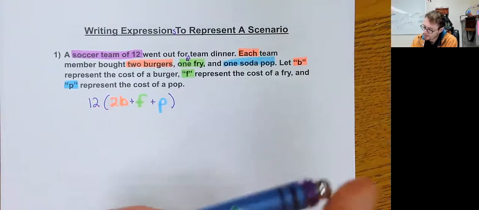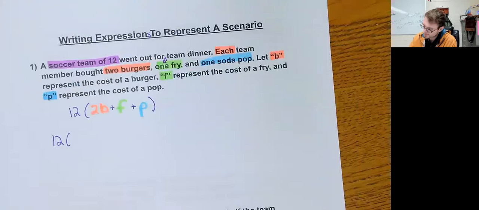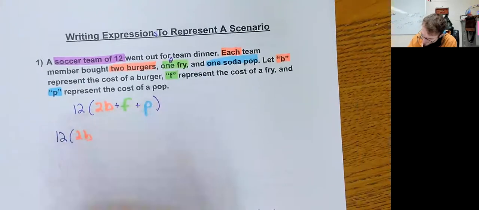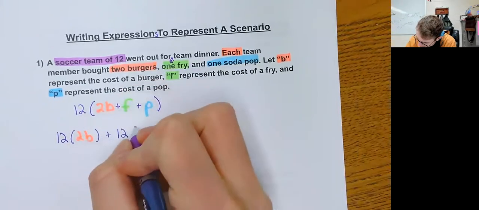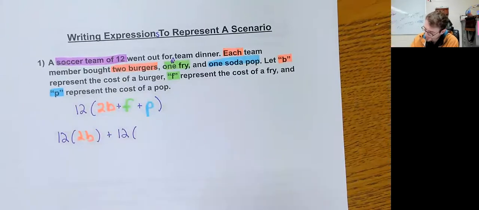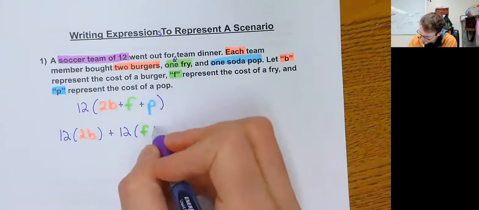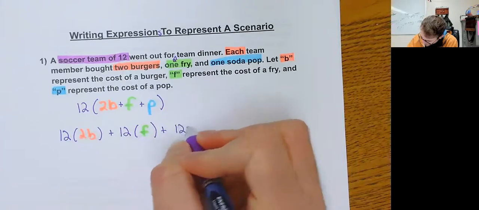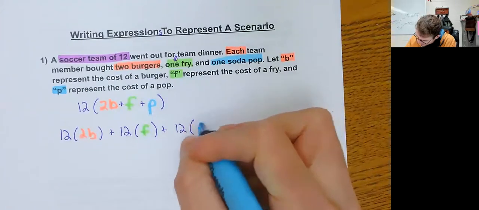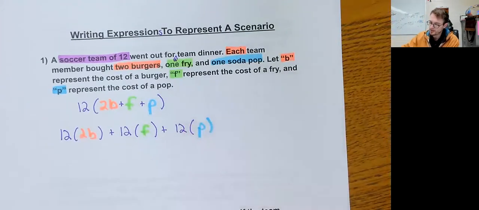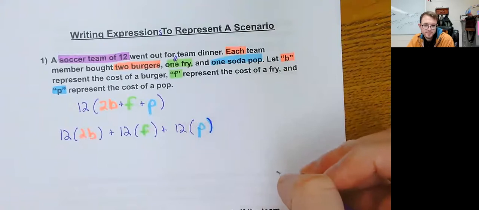But what if I found the total cost of the burgers plus the total cost of the fries plus the total cost of the pops. I did not mean to do that last parenthesis, not purple. Of the pops. That's also an expression.